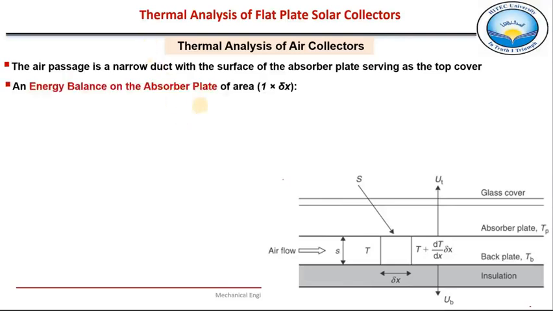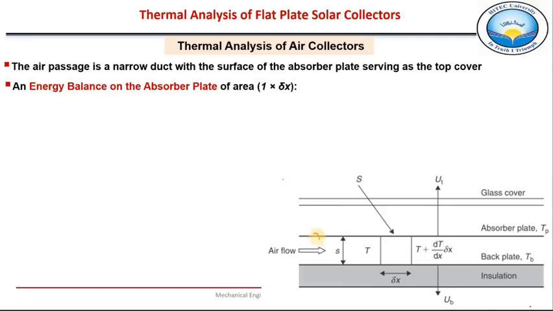So the energy balance on the absorber plate is mentioned here first. In this type of analysis, we shall be writing the first law of thermodynamics equations, or energy balance equations, for each component. What is each component?